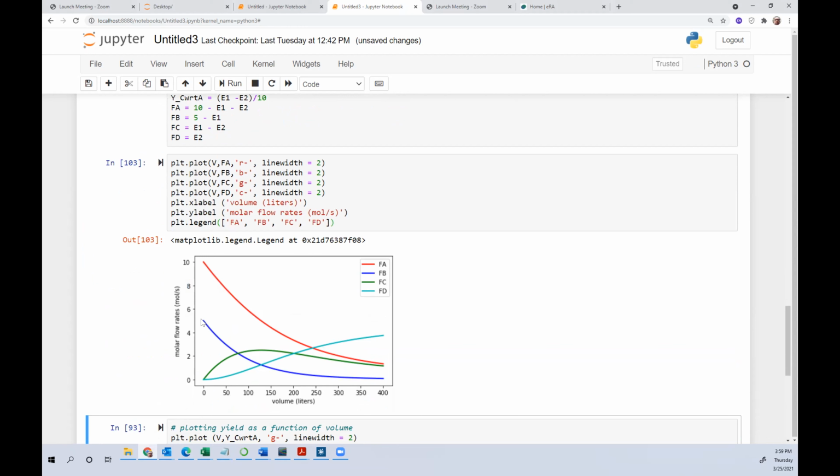So this is FB starting at 5 mole per second, and goes down to almost 0, if not 0. FA starts at 10 mole per second, and again, goes down. FC basically goes up and then goes down a little bit, but then FD just keeps climbing.